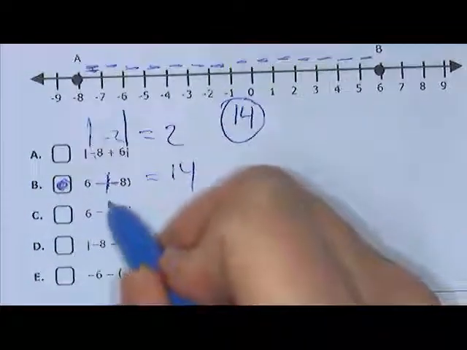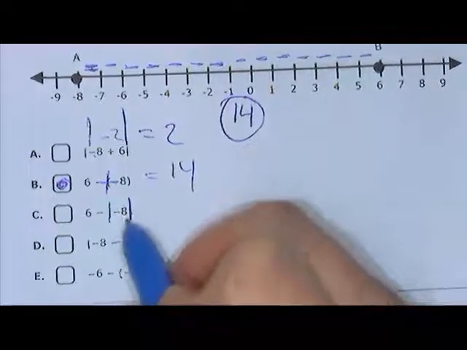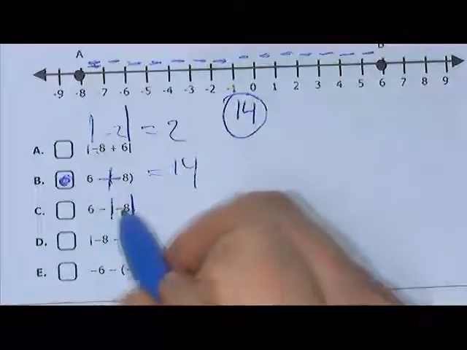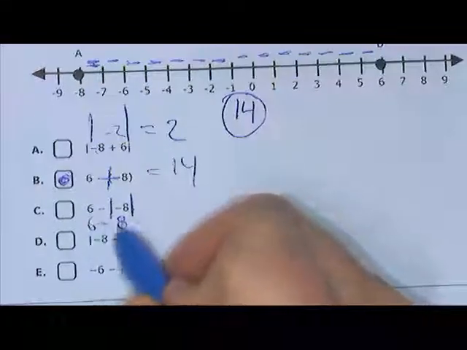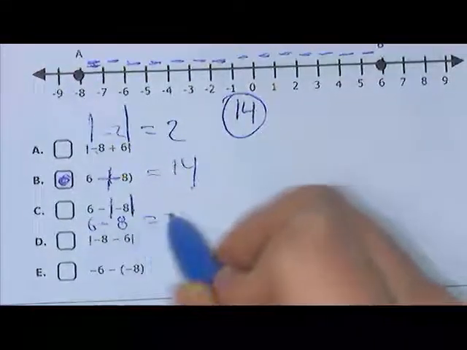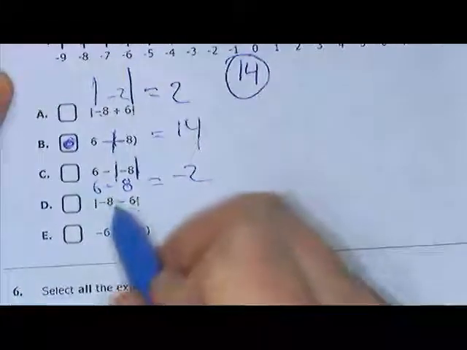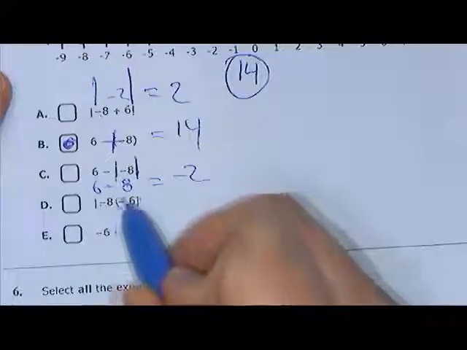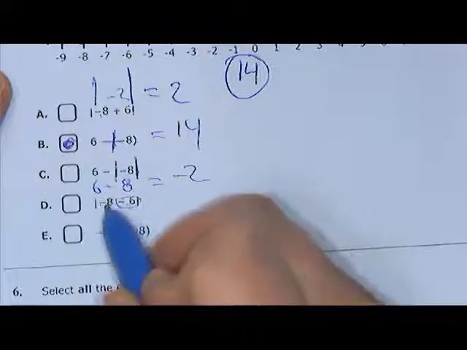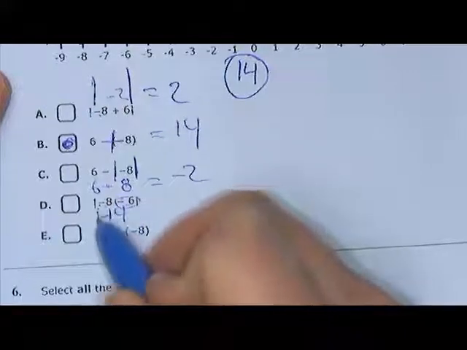Okay, now I first have to do what's inside here, the absolute value. The absolute value of negative 8 is 8. So I have 6 minus 8. 6 minus 8 is negative 2. That doesn't work. Negative 8 and negative 6, or minus 6, that would make 8 negatives and 6 negatives makes 14 negatives.